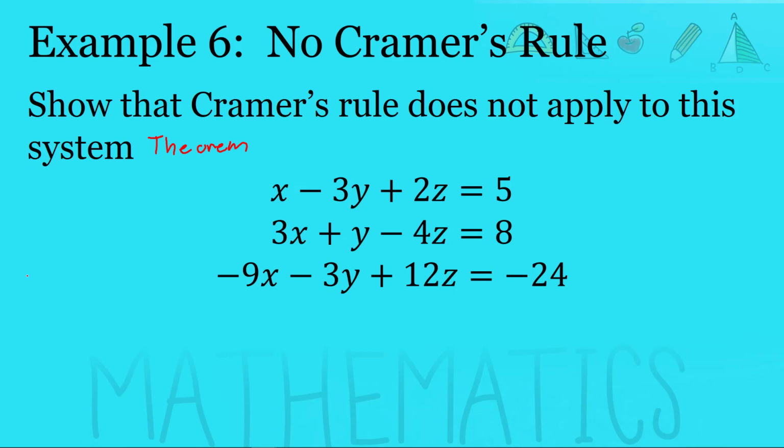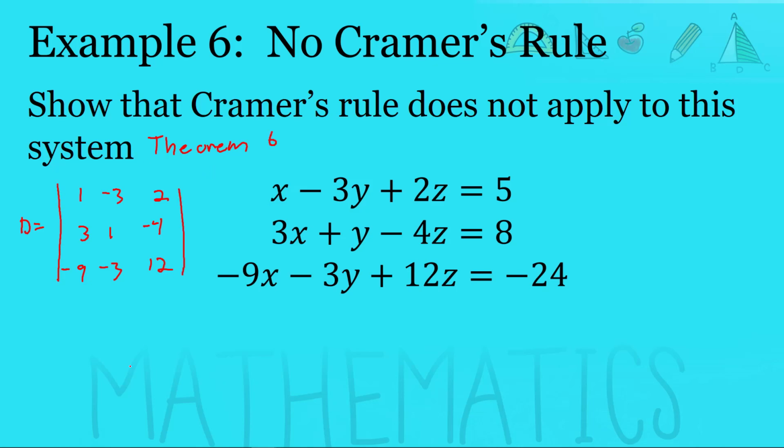Well, first let's create our determinant for d. So d is going to be equal to 1, -3, 2, 3, 1, -4, -9, -3, and then 12.